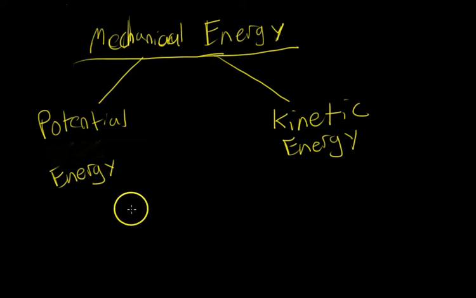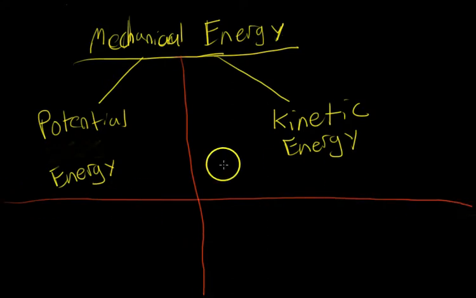So let's define these. Let me just split this down the middle here. Now, potential energy is basically the energy that an object holds by virtue of its position. That was strange. I don't know what just happened there.